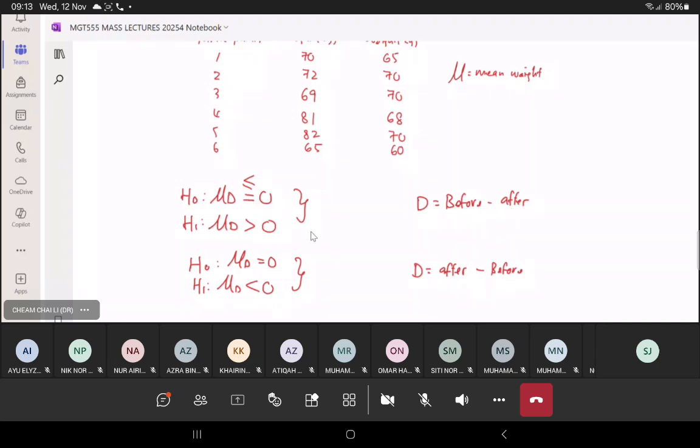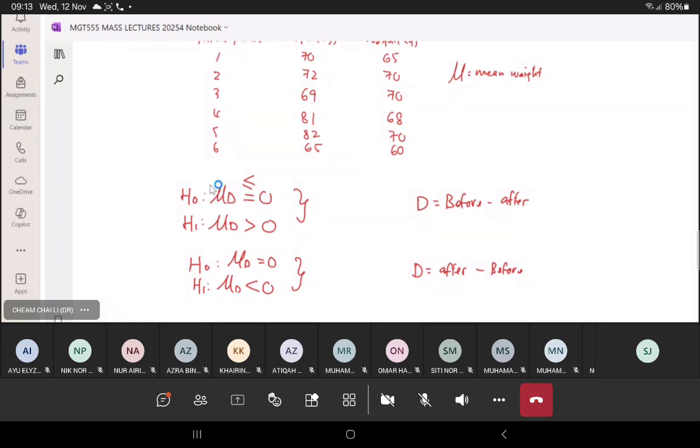Then if this is the case, your alternative hypothesis, your mean difference is greater than 0, right? For the null hypothesis, you can write either less than or equal to, or we can just write equal to as well.